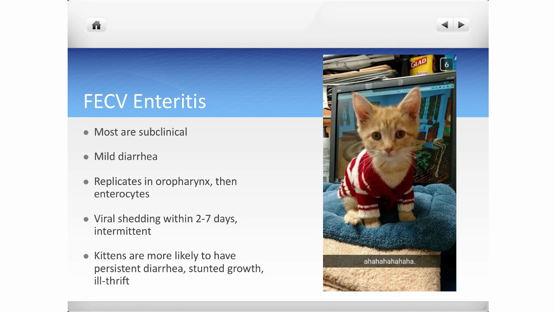Kittens that are chronically infected, because there are some kittens that will become chronically infected and just constantly shed and not necessarily respond well, they are more likely to be those kittens that have persistent diarrhea, that they're tiny, they're stunted, they've got ill thrift, and that makes sense. Like at this point of growth, they need their nutrition, and essentially this food is passing through, and with some of that diarrhea, they don't do well.